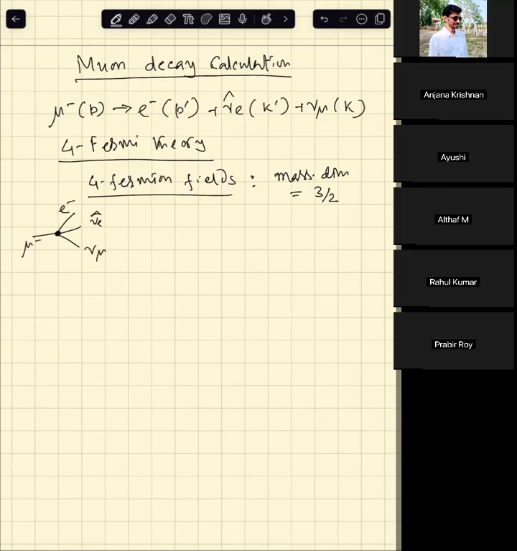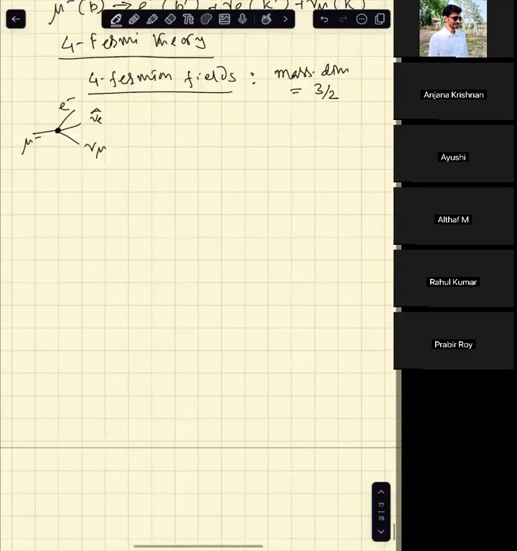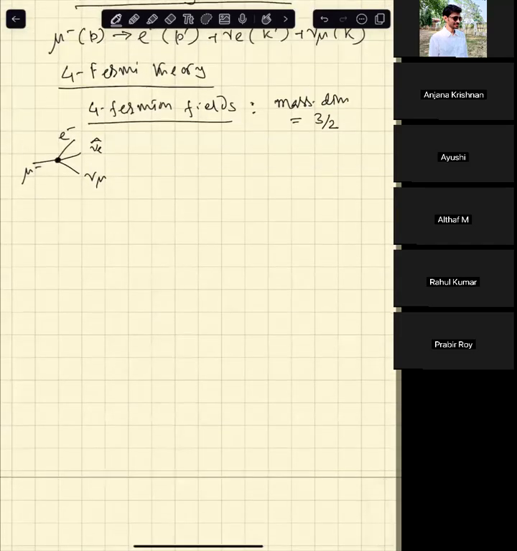So now, if we have to recast this kind of decay process in the form of point-like interactions, then the operator or the term that you have to write down in the Lagrangian will have a mass dimension 3/2 times 4 equal to 6, right?